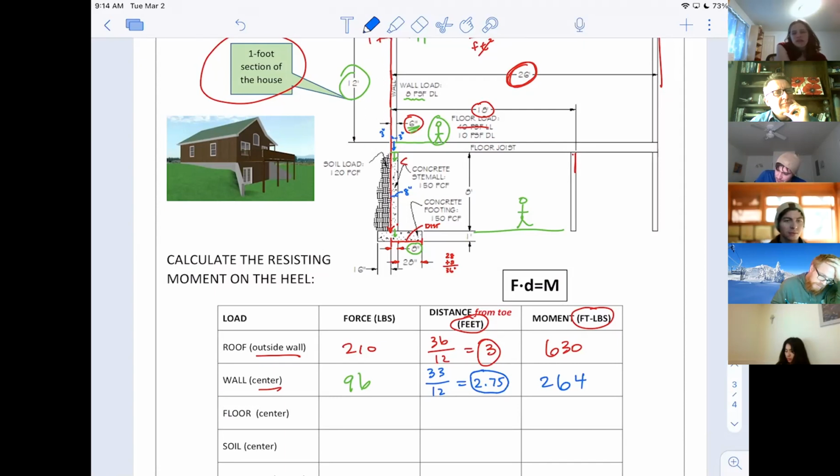For the weight of the stem wall, would it be 180 times 8 and then multiplied by, because it's 8 inches, is that a 16-inch wall?